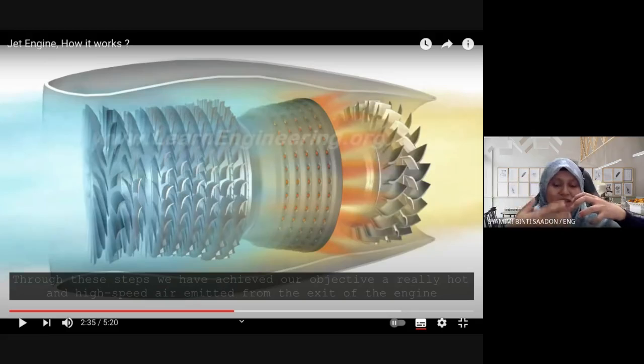So it rotates, and then at the end, after the turbine, the pressure energy will start to decrease. So that's why expansion: the pressure at the exit of the combustion chamber and inlet of the turbine is high, and then the pressure energy is used to rotate the turbine, converting pressure energy to kinetic energy, and then the pressure energy will drop. So pressure drop, expansion, kan?